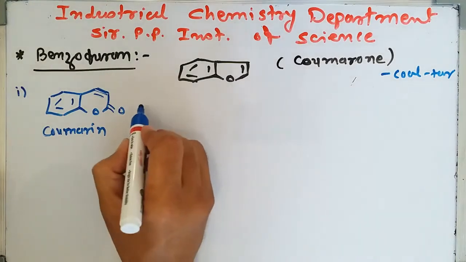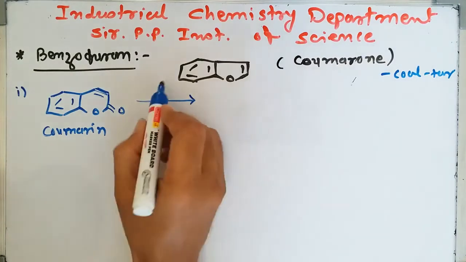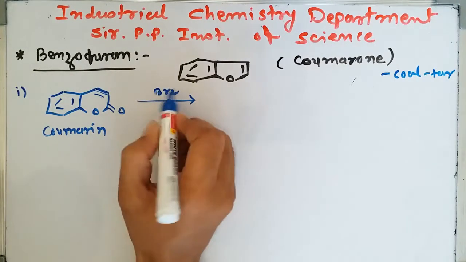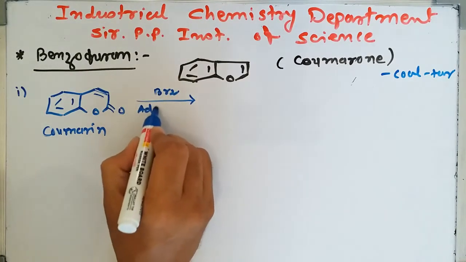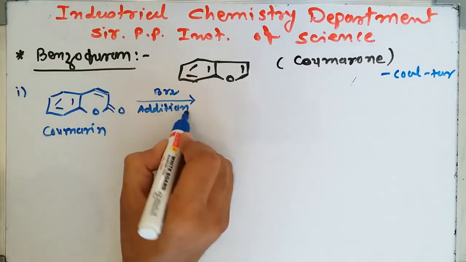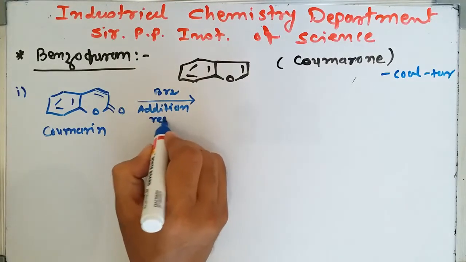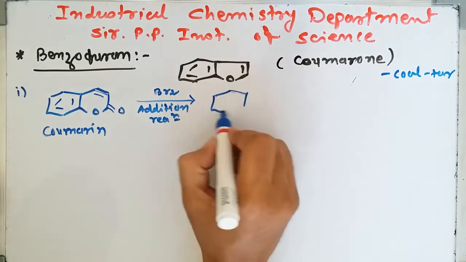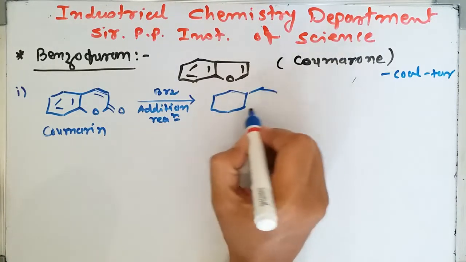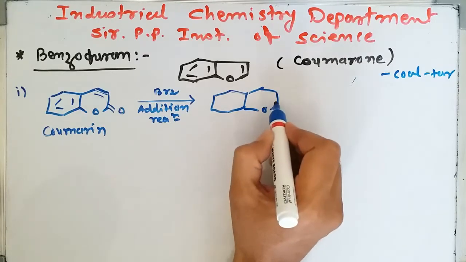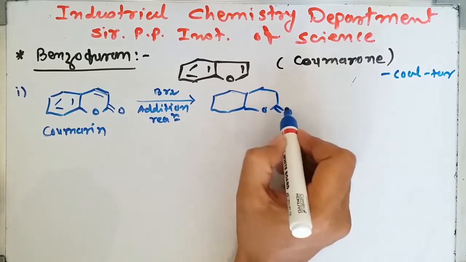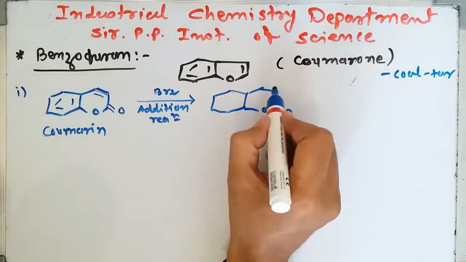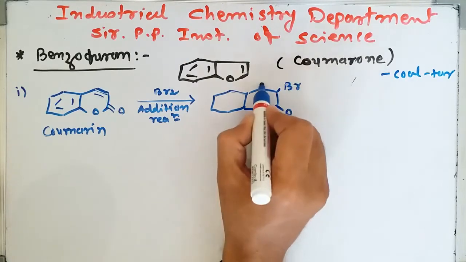Bromination reaction takes place, an addition reaction, so we get the bromo derivative of coumarin.